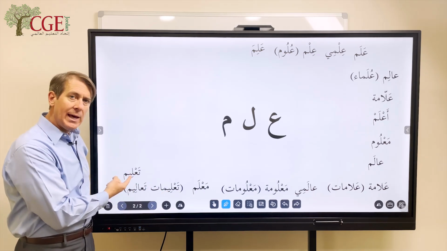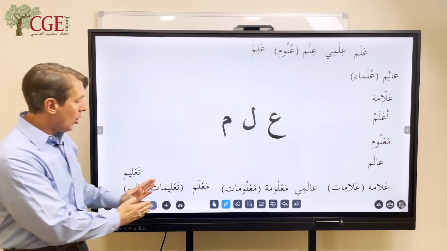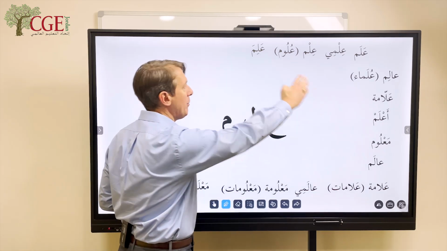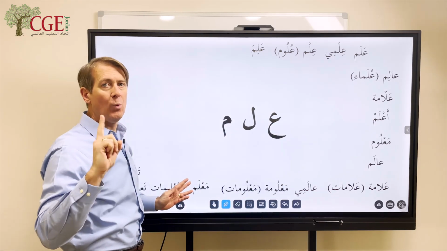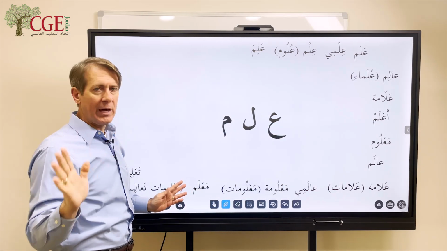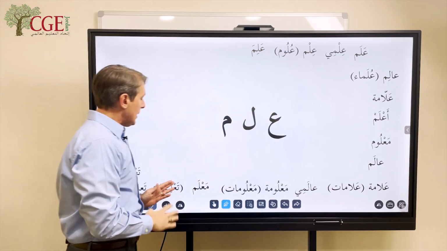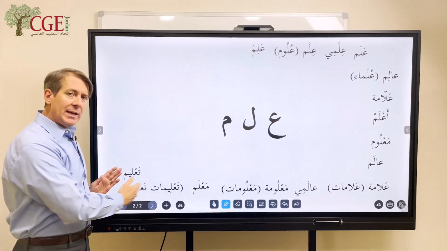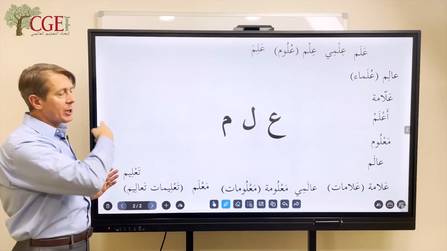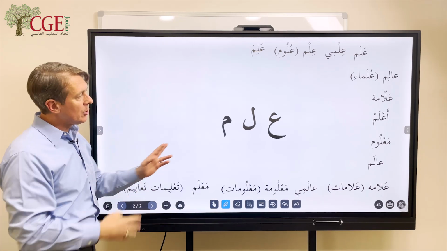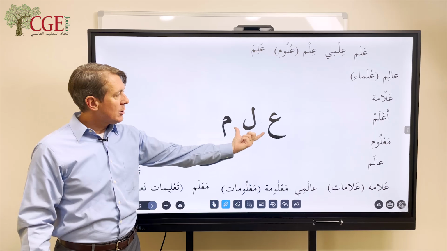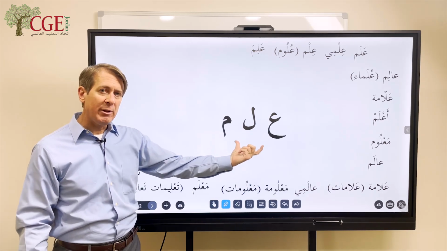Here is ta'lim. Now we've moved on. All these came from form 1 verb. Look at all that. All that from form 1 verb. Now we're coming into form 2, and we're going to go up. So this particular root finds its way into how many forms?